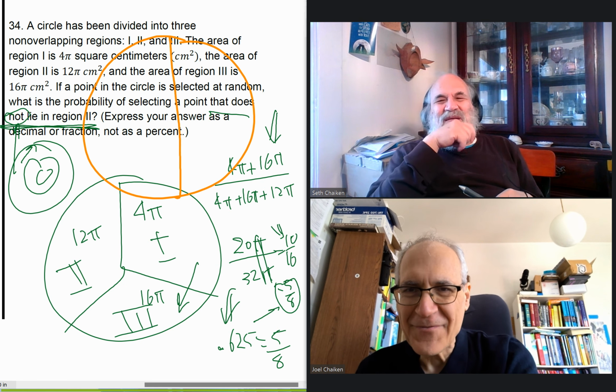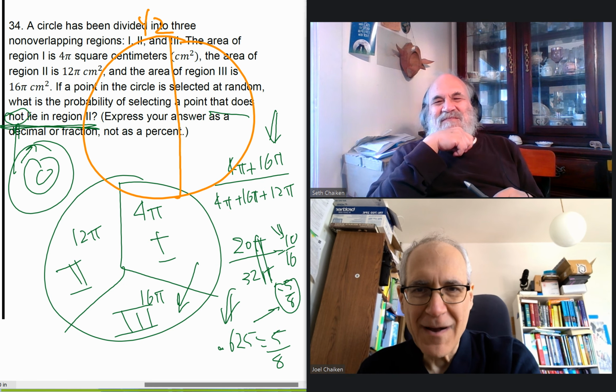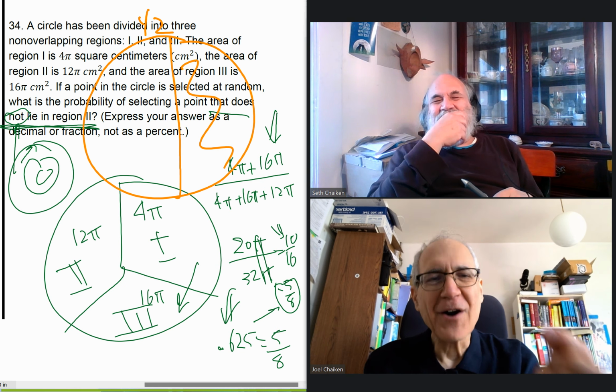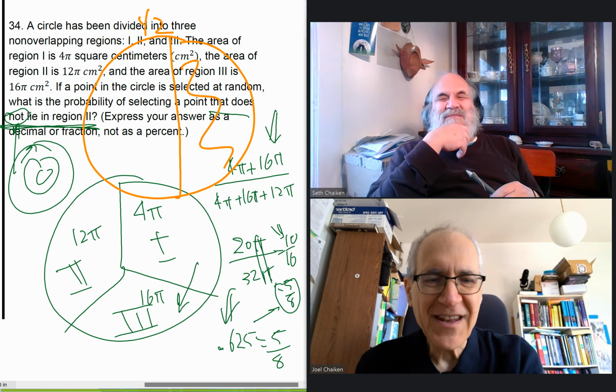Everything's cut in half. These are two equal halves. What's the probability of getting it into this half? It's obviously a half, if you get it in at all.